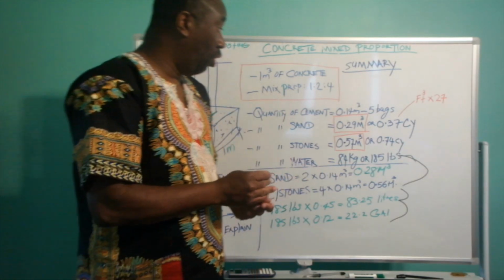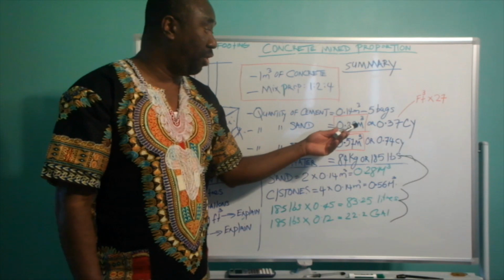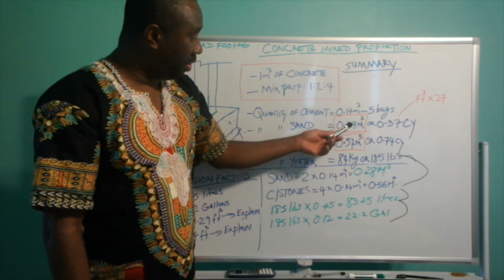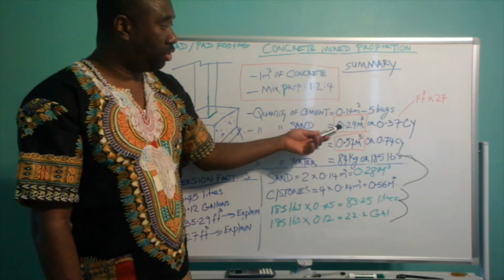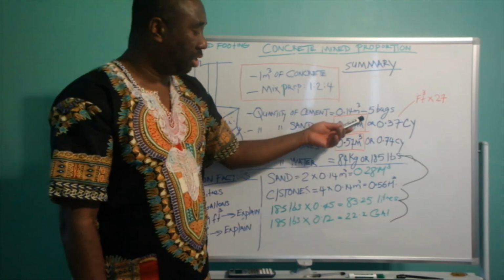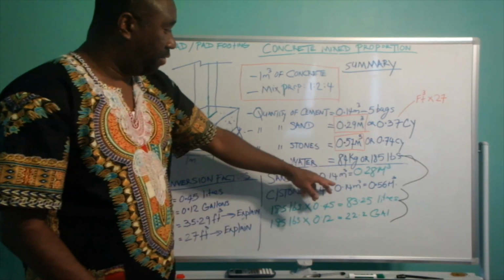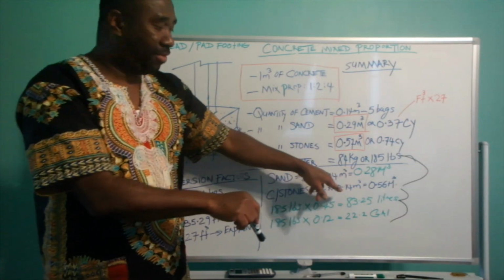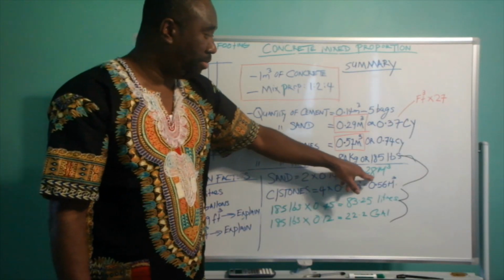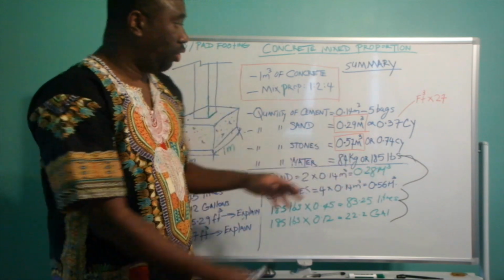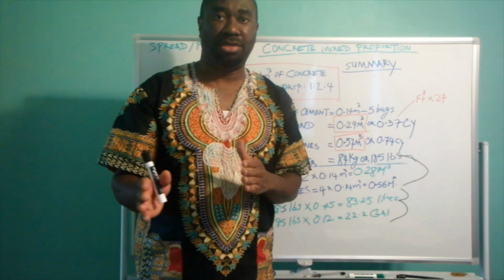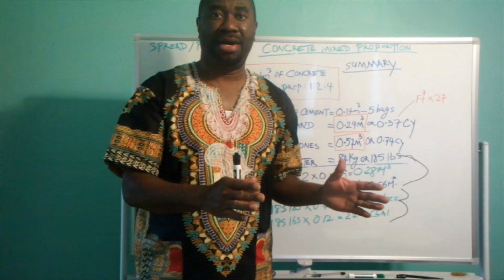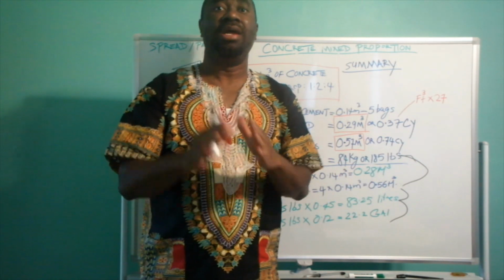The previous quantity for your sand that we calculated last week was 0.29 meter cube, and now the volume in this alternate method works out to be 0.28 meter cube. You can see there's not much of a difference between the two values. As a matter of fact, the difference is very negligible.